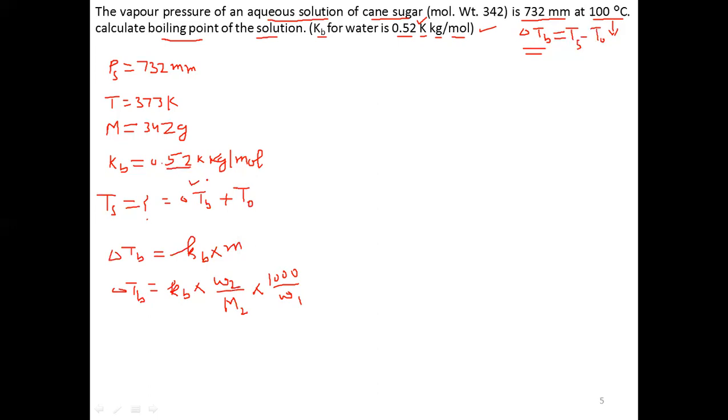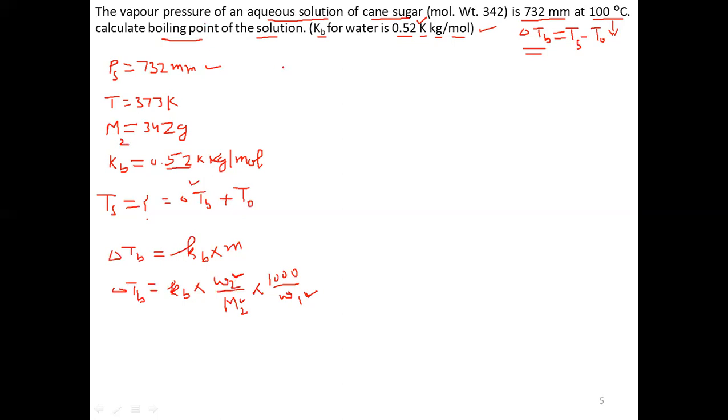Kb is given, and M2 is given because it is cane sugar, the molecular weight of the solute. But we are not given W2 and W1, how much solute and solvent there is. To calculate W2 and W1, we will take the help of the vapor pressure.